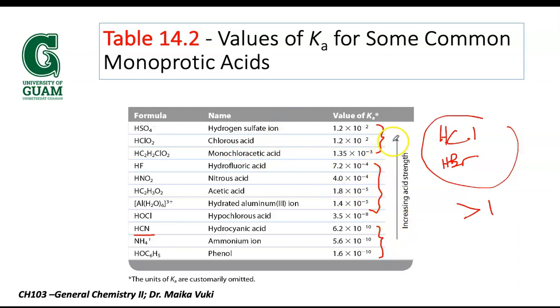Very weak, intermediate, and mildly weak here, right at the top of this. So this is the increase in the acidity strength, and you can see that it relates to the equilibrium constant. As you increase the Ka, you increase the strength of the acid.